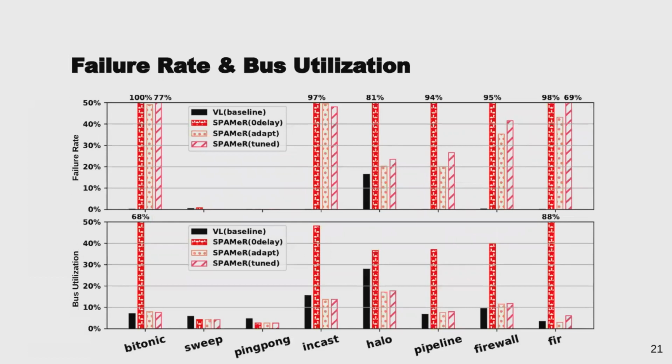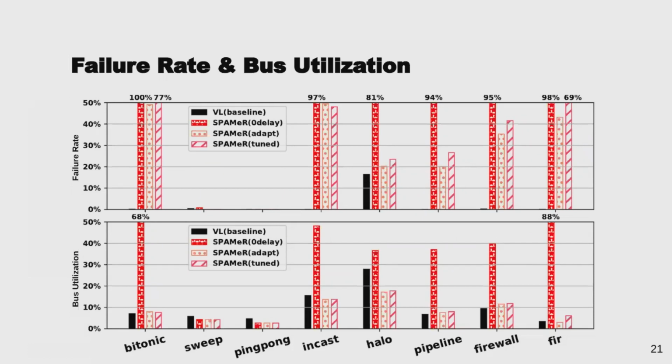Here we show the speculation failure rate along with bus utilization. The zero delay algorithm obviously has a failure rate way too high, and the adapt algorithm managed to control the failure rate within 50%. Remember, earlier I showed the speculation versus on-demand diagram.